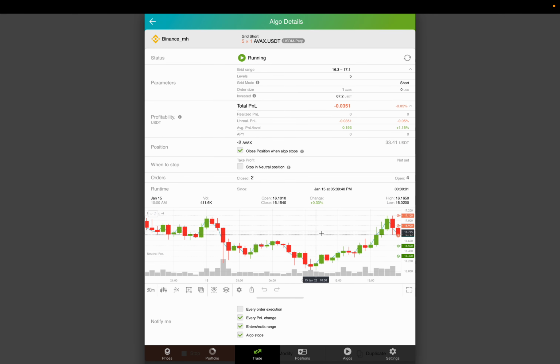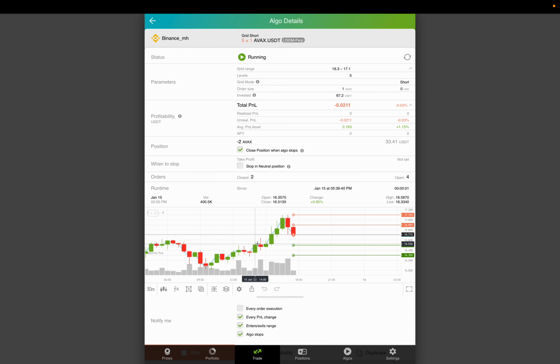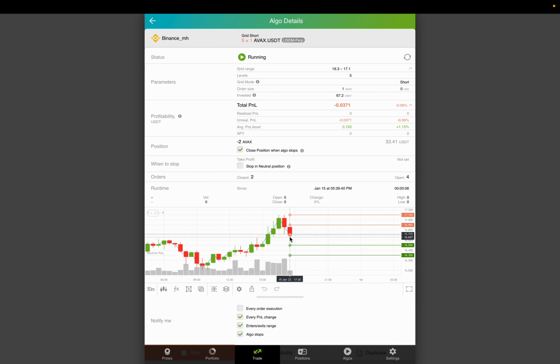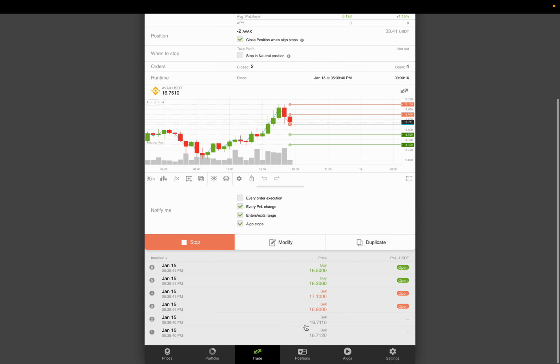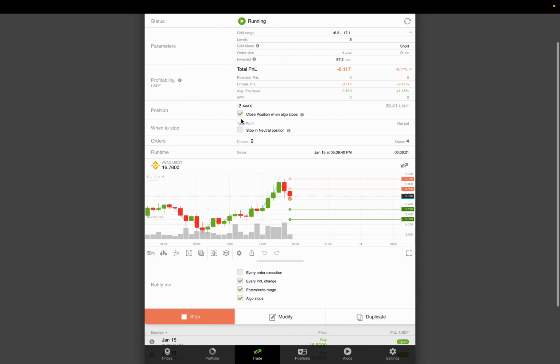Okay, again, as with the long grid, we can immediately see the 2 orders executed. So the grid initially placed 2 sell orders below the market price. They got filled, right? You can see here, yep, those sell orders got filled already. And you have a nice position of -2 AVAX, right?